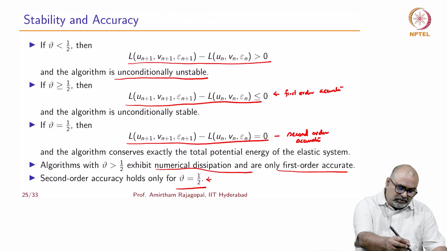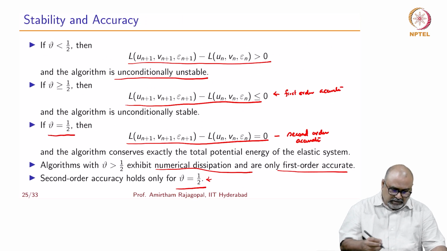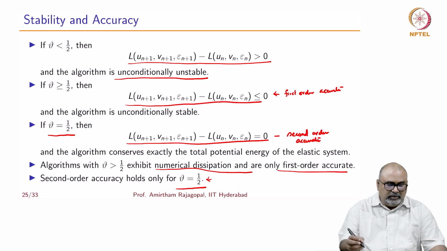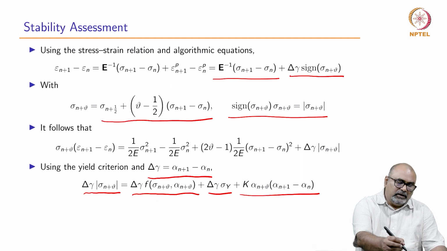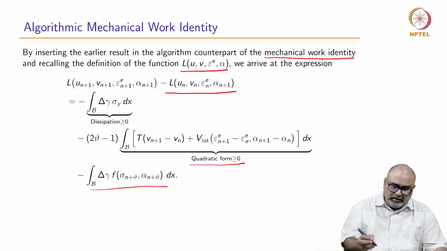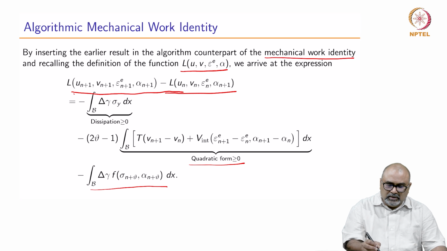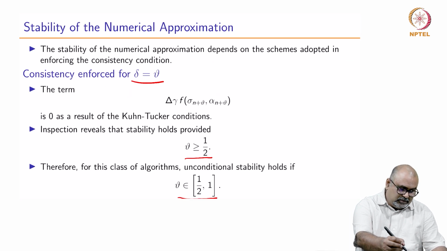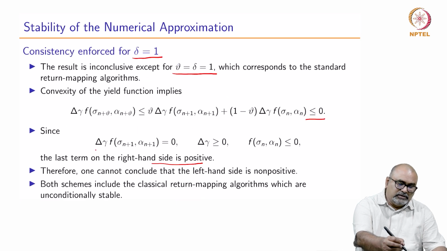When we choose v equal to half, we are going to get second order accuracy and it is going to be stable, and when v is less than half, it is going to be unstable, and when v is greater than or equal to half, it is going to be unconditionally stable only of first order accuracy. So, one can choose different values of v and find out the stability by evaluating the value of this difference in functional between the time steps to get a minimization type of a problem that is conditionally stable.